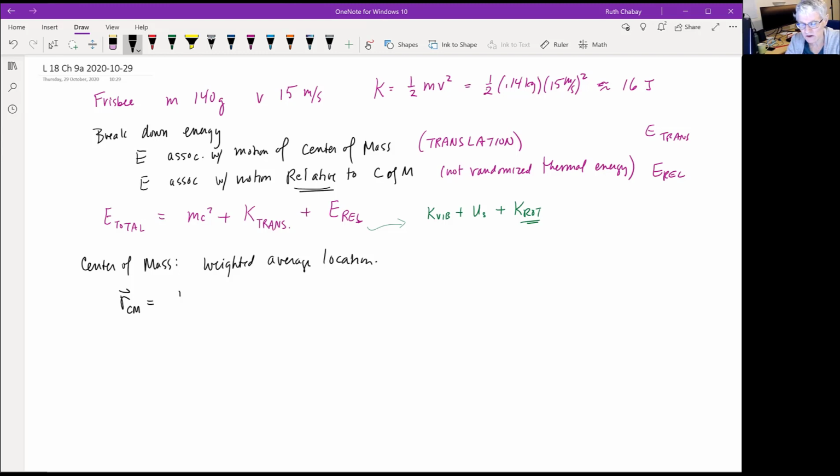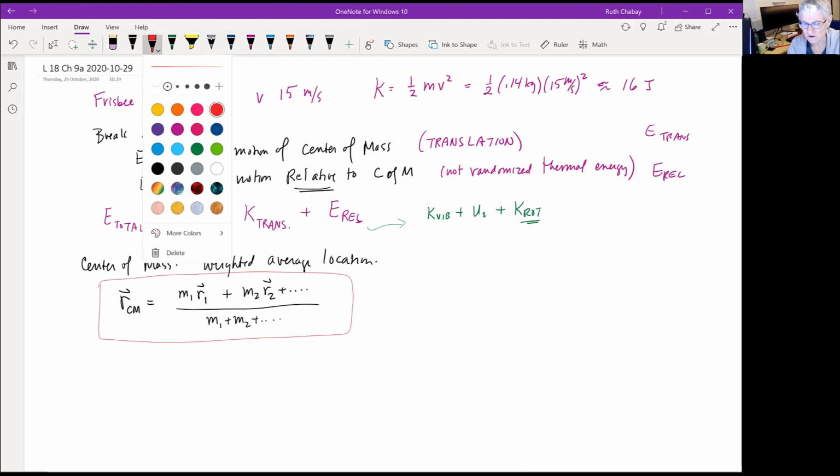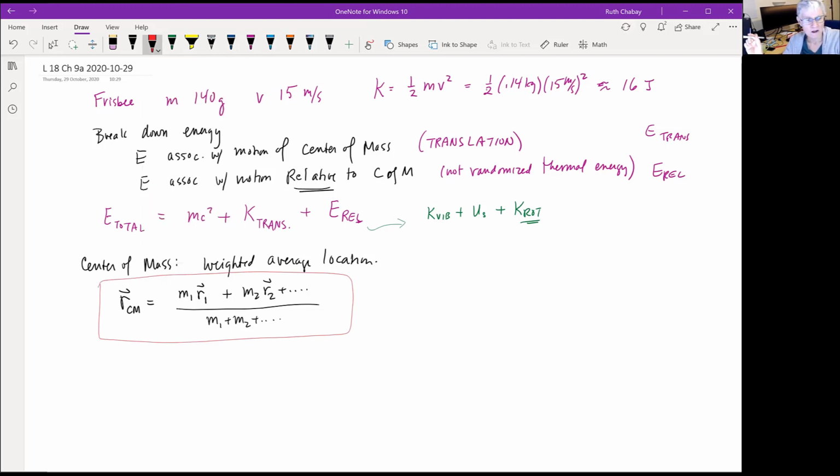And so what we have is, it's the mass of object 1 times the position of object 1 plus the mass of object 2 times the position of object 2 divided by the total mass m1 plus m2 plus, okay, however many objects we're considering our system as being divided into. Okay, so that's the definition of center of mass, and let's see how it works.